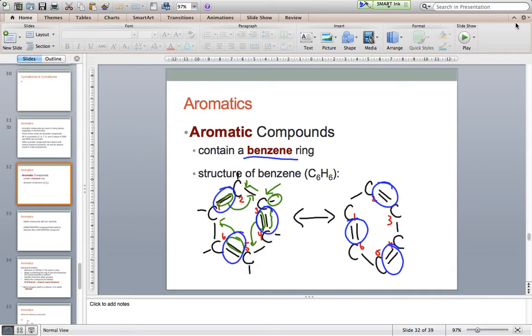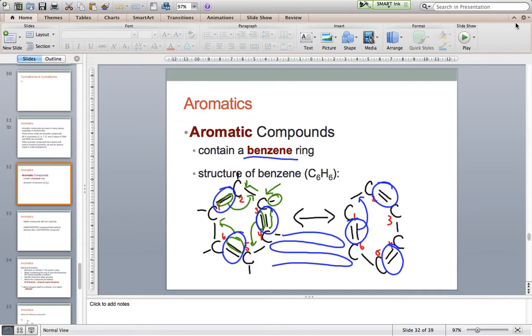Then perhaps these electrons decide to move to be back between 1 and 2 again. So the benzene molecule is constantly going back and forth between these two different resonance structures.